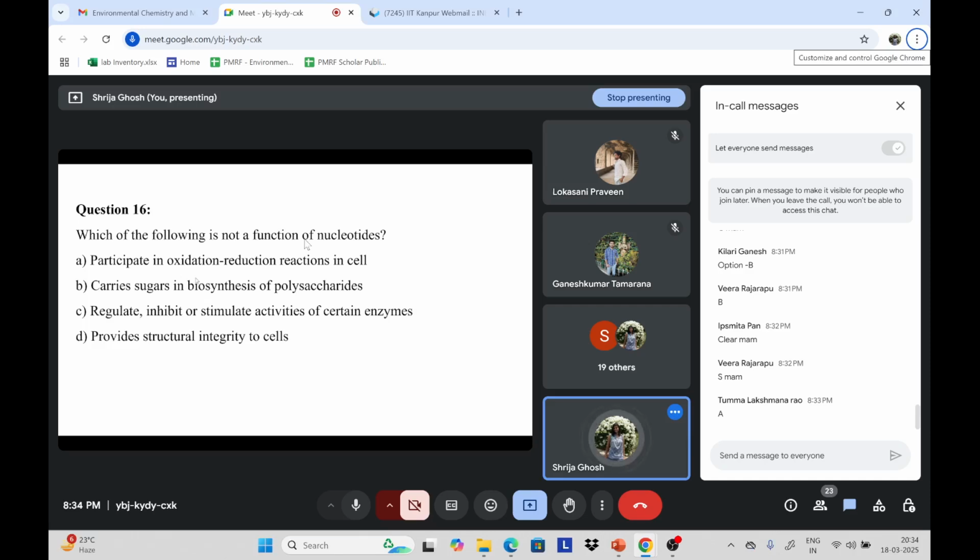We have one answer, option A. Participate in oxidation reduction. Okay, you think that's not a function of nucleotide? Anyone else? Option D. Provide structural integrity to cells. Okay, anyone else?